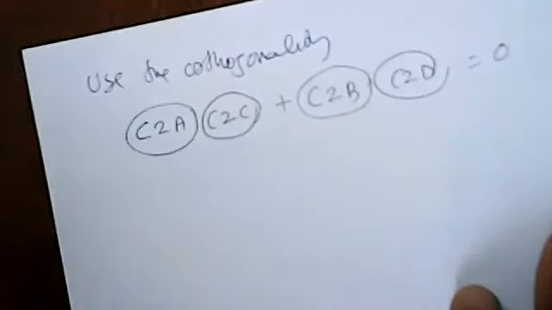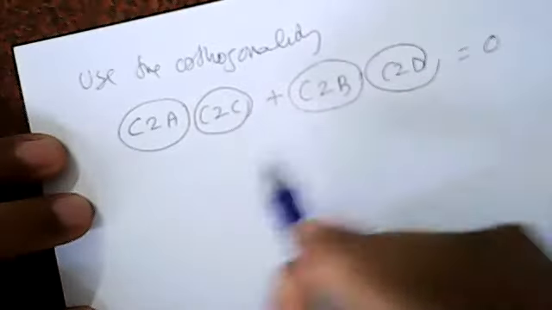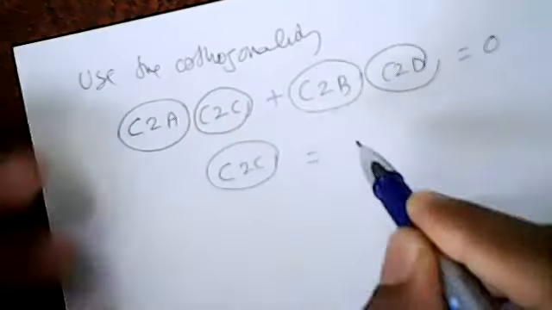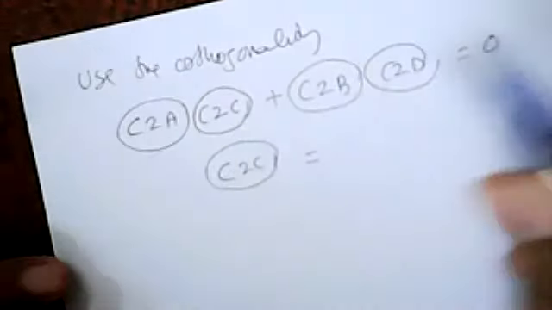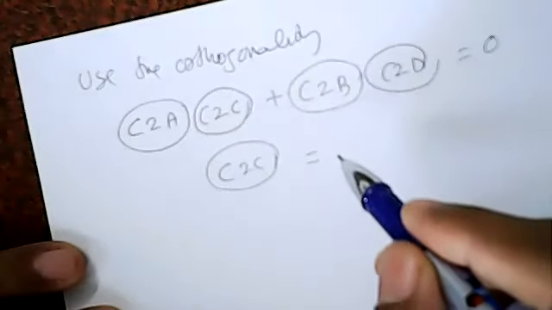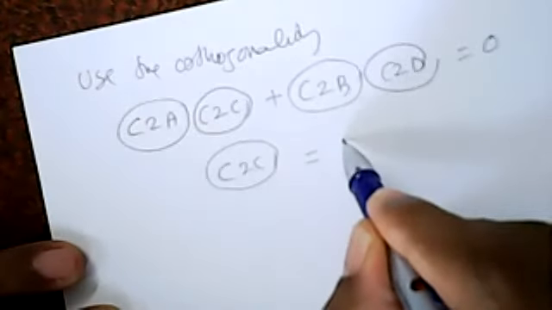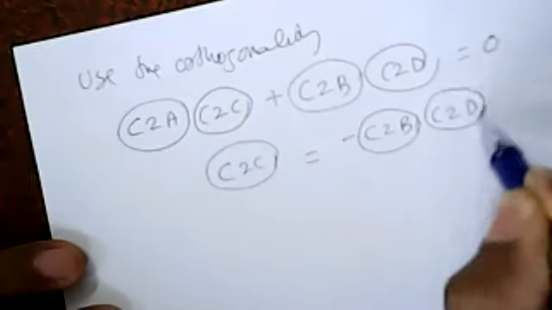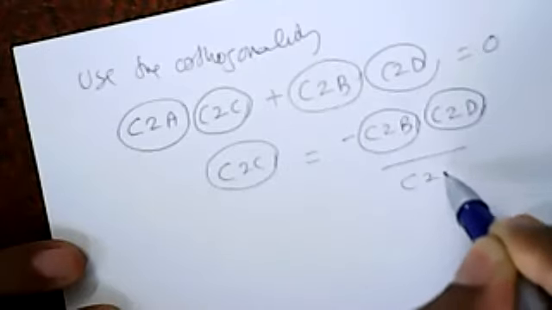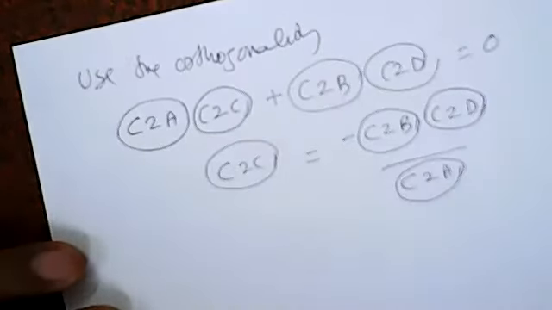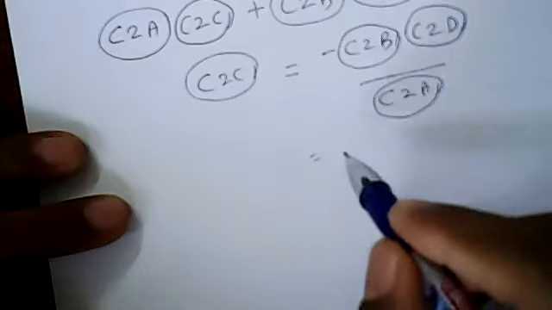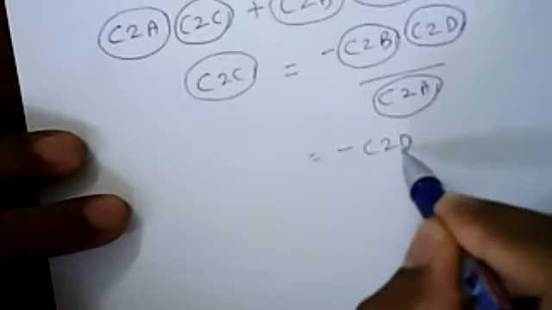Okay. So from that you will get C2C equal to, let this one go to the other side, then divided by C2A: minus C2B C2D divided by C2A. So this is equal to minus C2D.